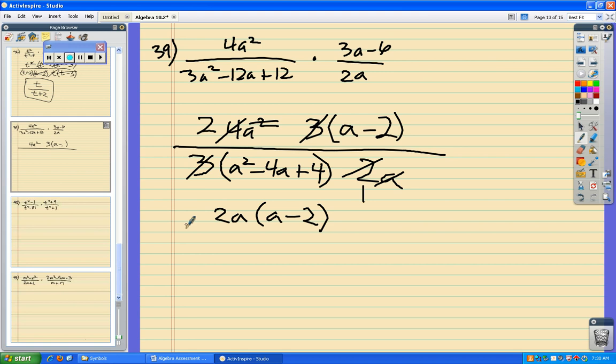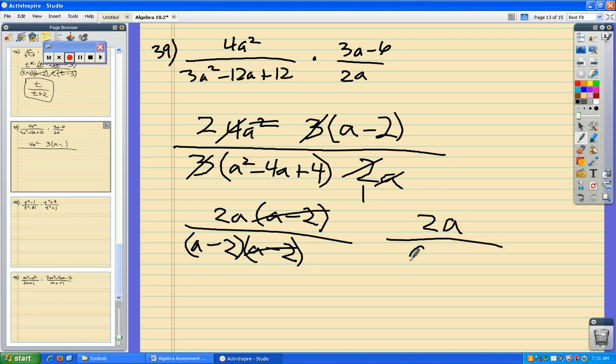On the bottom, now I'm going to factor out this parentheses, 2 sets. A and a. We need 4 at the end. Positive 4, so the signs have to be the same. 2 and 2. Minus minus. And this is cancelled. Okay, we can cancel out the a minus 2's. That leaves us with 2a on the top and a minus 2 on the bottom.